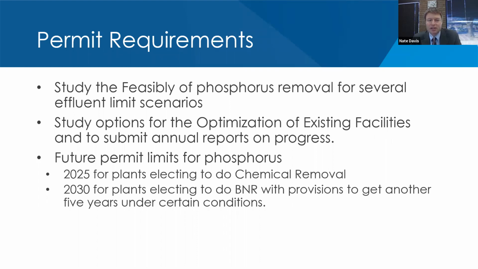And in that case, they're just going to give you the 0.5 annual geometric mean. And they do have some other provisions in there. If you can prove your influent is not suitable for phosphorus removal, you can get a less stringent permit limit, and you can also get an additional 5 years if you can show economic hardship for implementing the improvements.